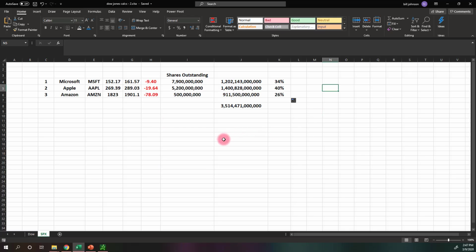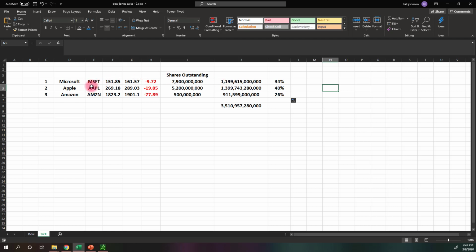So here's just a mini look at the S&P 500. I'm not going to do the entire index, but Microsoft, Apple, and Amazon carry the largest weights. Microsoft right now is trading for about 152. It has about 7.9 billion shares outstanding. So if we multiply 152 times 7.9 billion, we get this big number here of about 1.2 trillion.